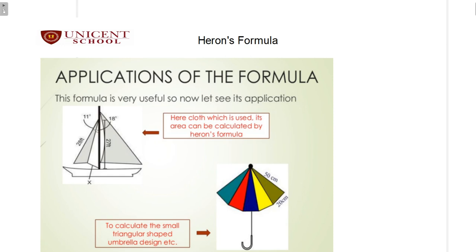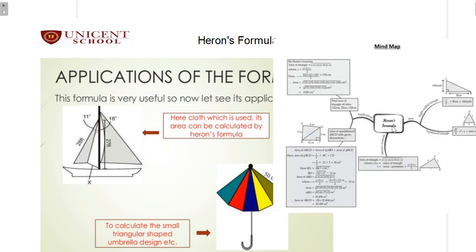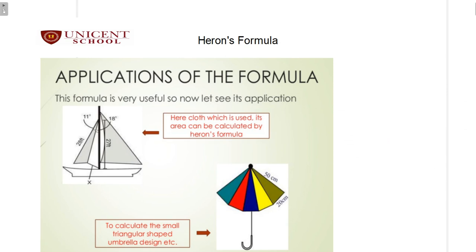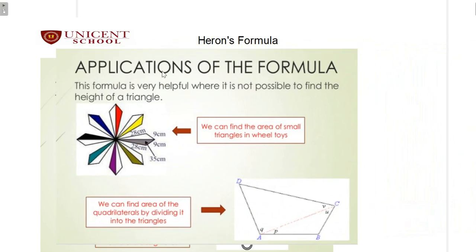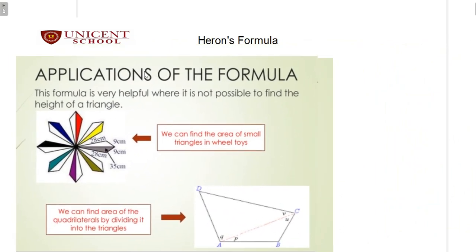So let us take one more example. If we want to find the cloth required to make these triangular patterns, we can't apply the right angle triangle formula, so we have to go for Heron's formula.